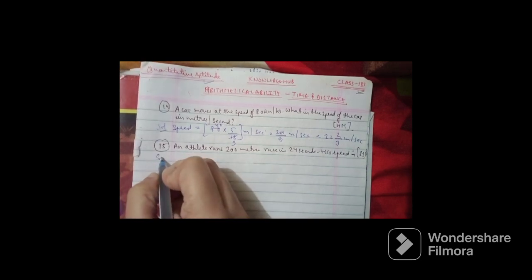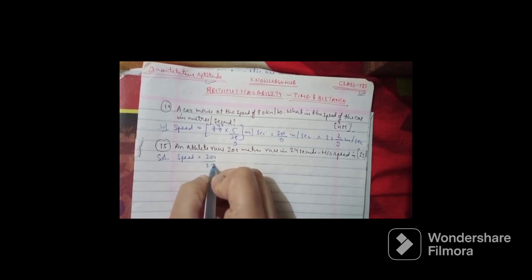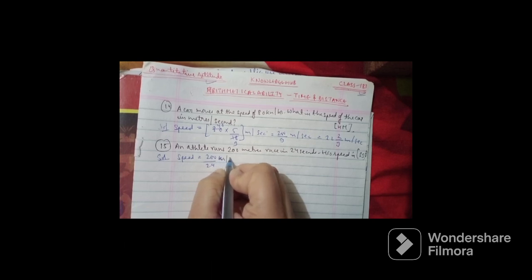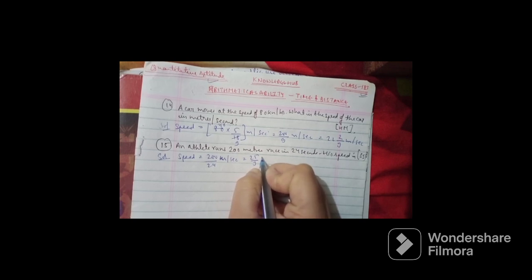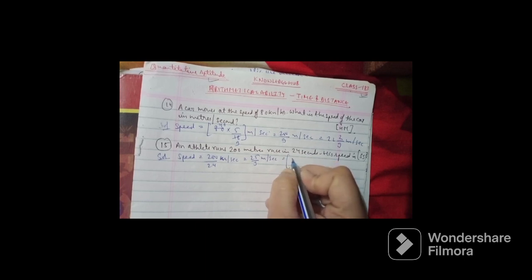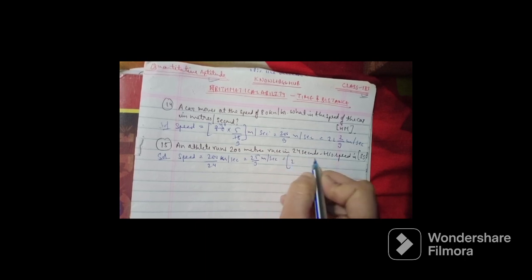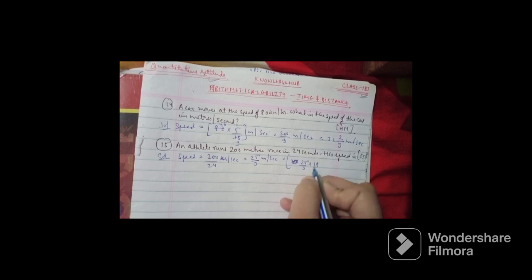Speed is equal to 200 upon 24 meter per second, equal to 25 by 3 meter per second. This is in meter per second and we have to convert it into kilometer per hour, so it will be 25 by 3 into 18 by 5.